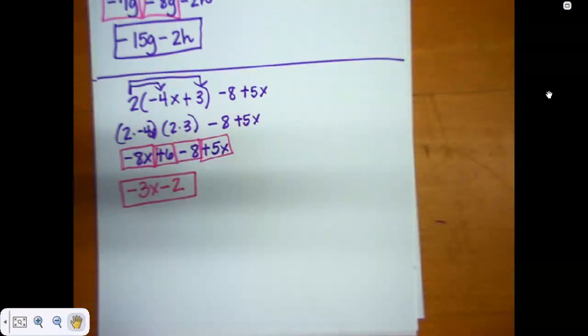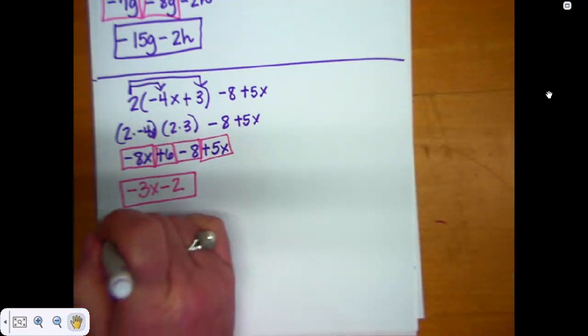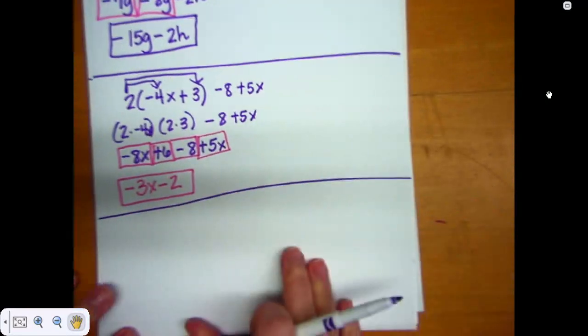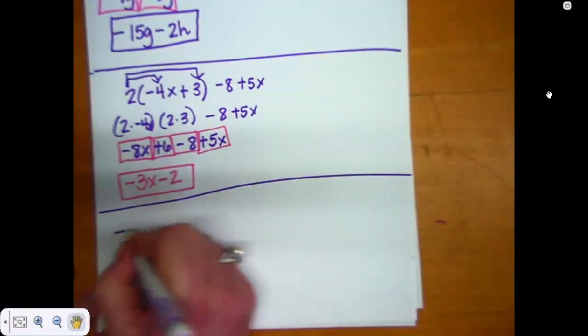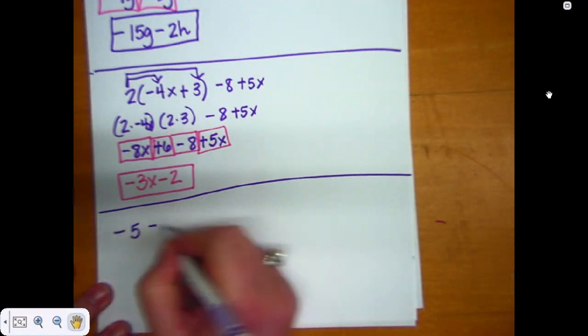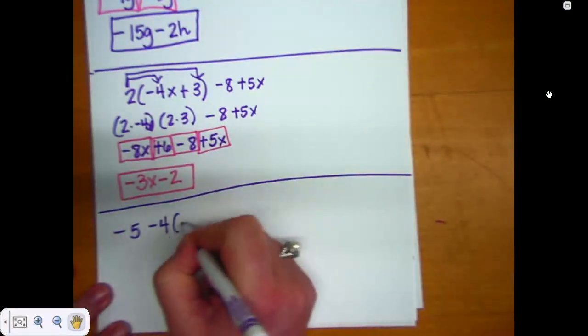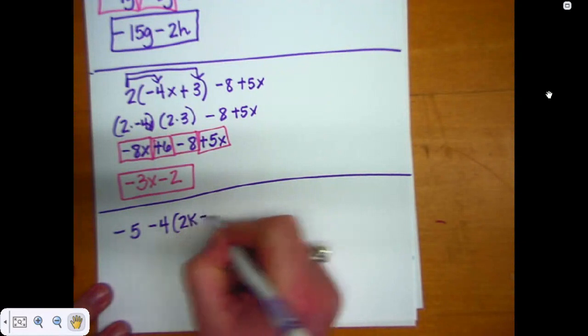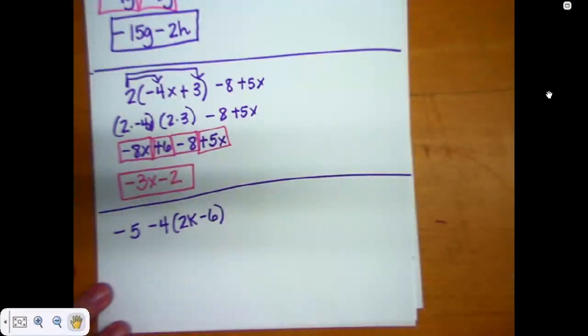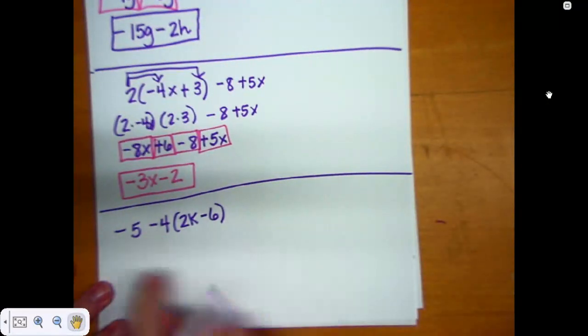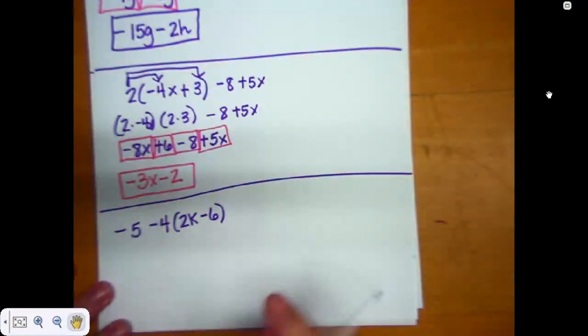Let's do one more, and then I'm going to let you practice. Let's say we have negative 5 minus 4 times 2k minus 6. So this is on the front, so I'm just going to bring it down. But first, let me stop.